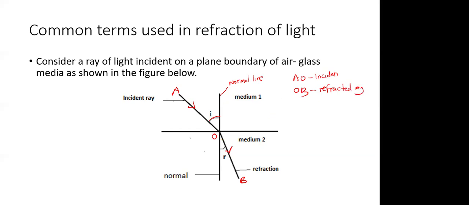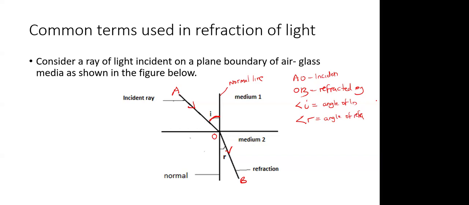So those are some of the things you need to know: the incident ray, the refracted ray. Then whenever you find I, it stands for the angle of incidence. And when you find R, it always stands for the angle of refraction.